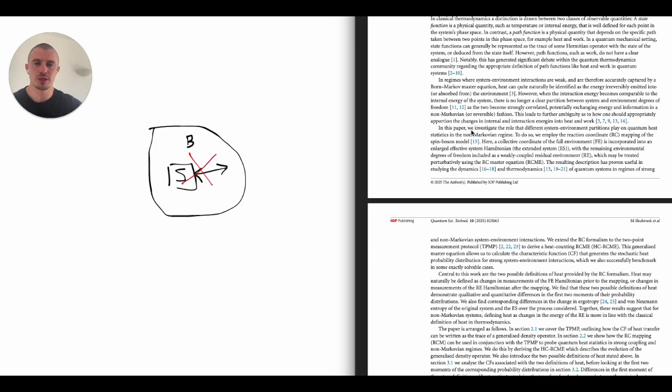So if the issue is drawing the boundary between system and bath, then maybe we could try a couple of different partitions and see what heat definition comes from those definitions of system and environment. We can compare those two definitions of heat and then see which one makes the most sense. We have some classical intuition about how heat should behave.